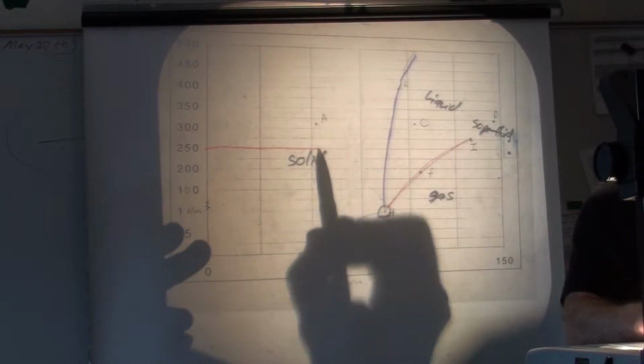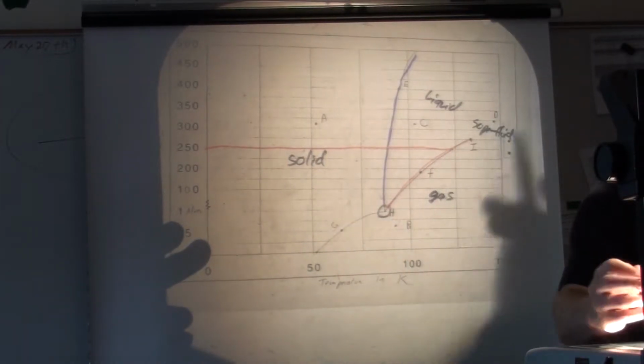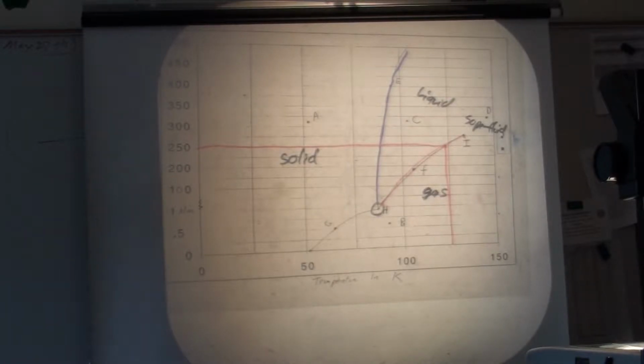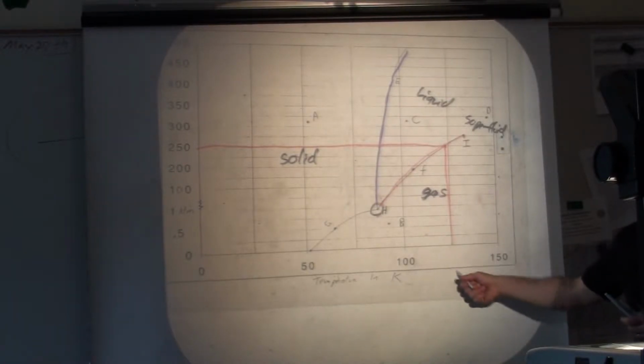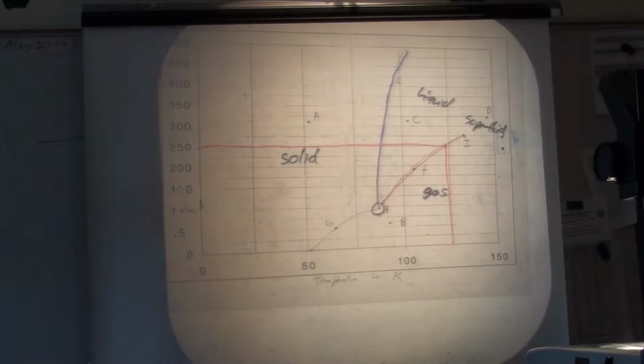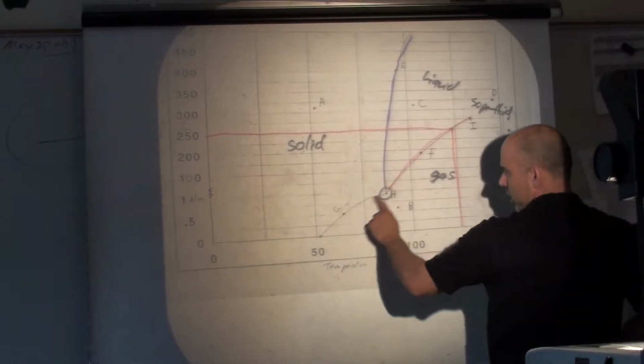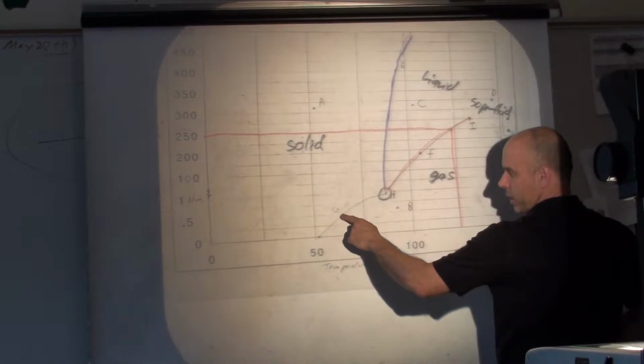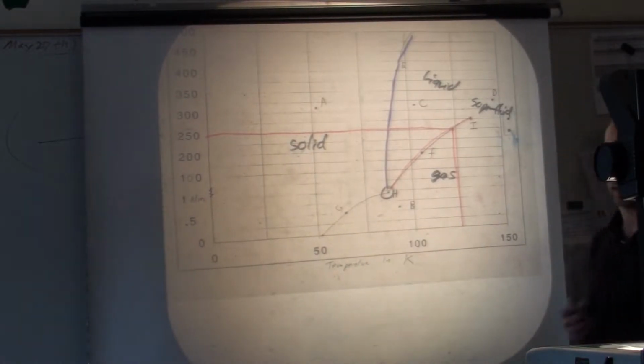At 250 ATM, you would boil at about 125 Kelvin. So the answer is 125. Where are you sublimating? This line is the sublimation curve. So on letter G, you are going to be sublimating.